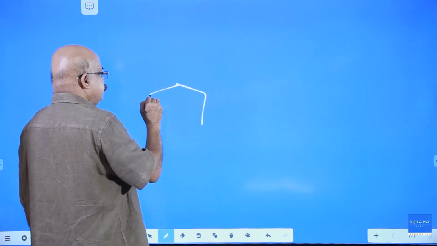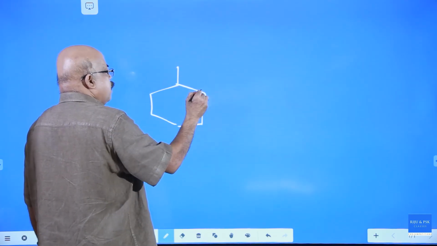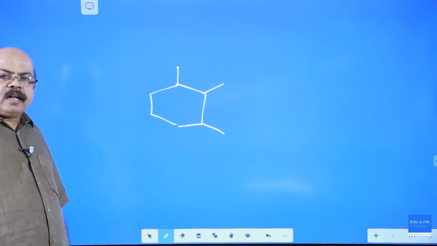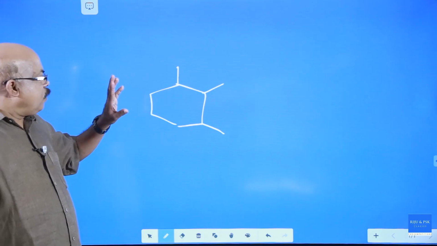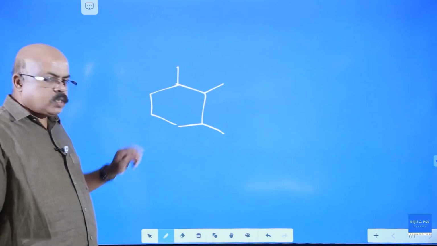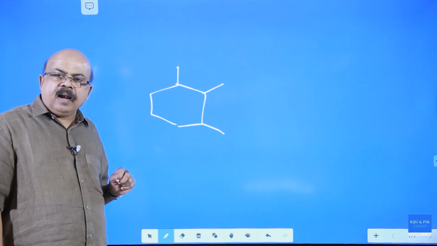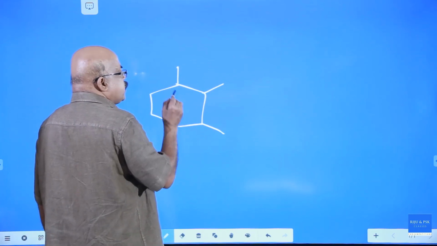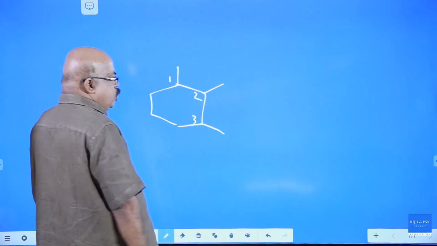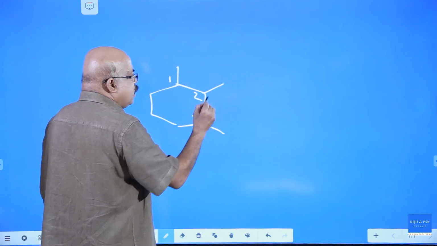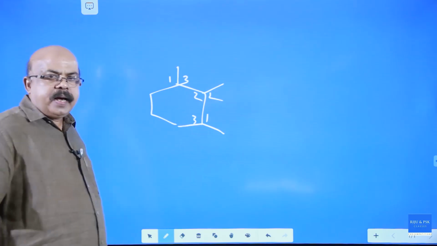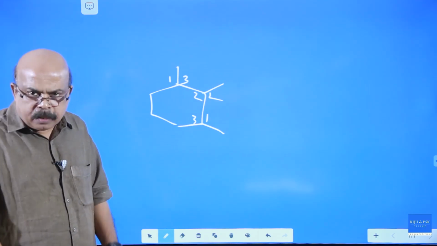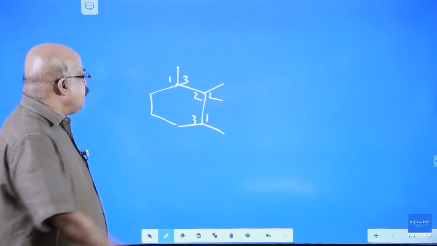If there are 3 substituents and all are identical, then numbering may be, locants 1, 2, 3. You can number either from here or here, whatever the mode of numbering, the same locants are available, so it can be numbered from any methyl group.